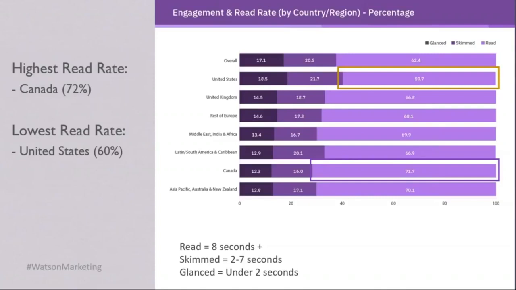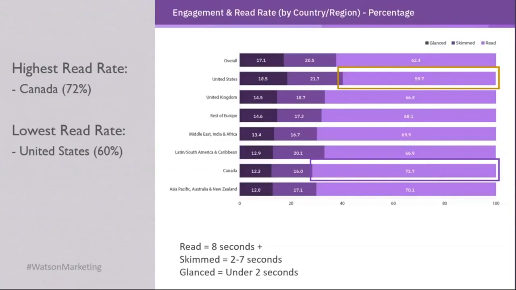And you can see here that Canada is at the high end, where almost 72% of their readers are in that read rate category, whereas us Americans tend to have less patience.